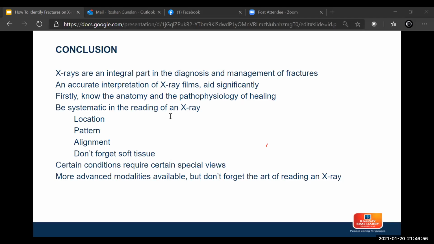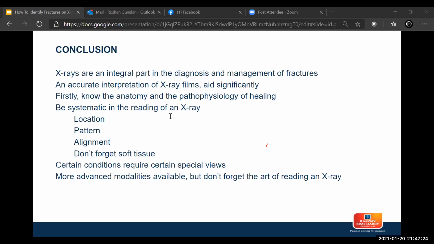So for whatever reason, whether the patient is malnourished or is a smoker or there are other medical conditions delaying his healing, it's considered a delayed union. But what you will notice is there is evidence of callus formation. There is evidence of healing happening, just slower than normal. In non-union, the process of healing itself has stopped and it will not start again unless you intervene somehow. So that's the main difference between a non-union and a delayed union.